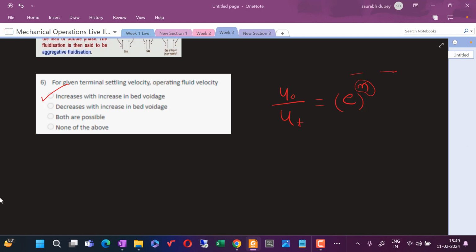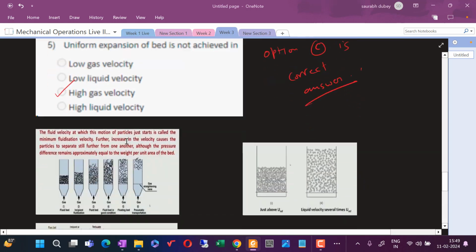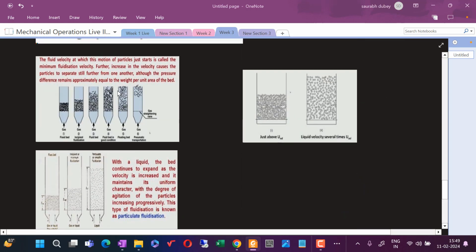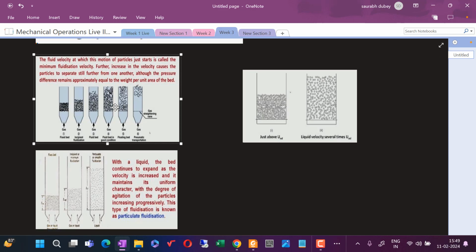I will ask one question on this. Which of the following do you think will be used for conveying solid particles, and why would conveying solid particles through fluidization be much more helpful compared to any other transportation methodology?